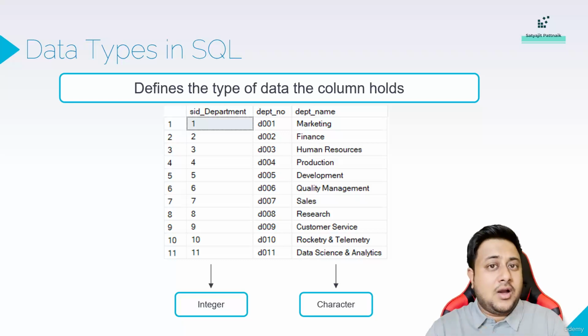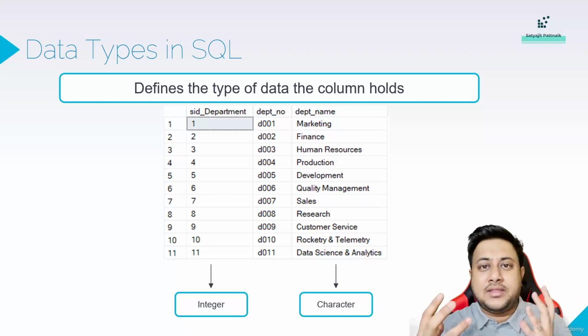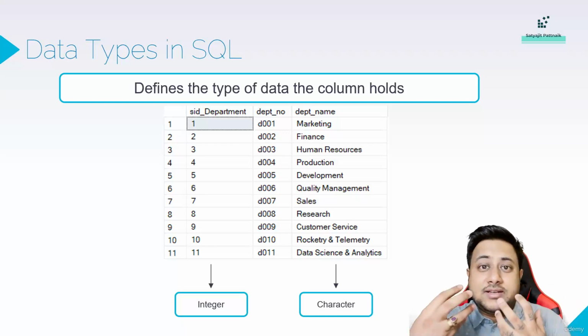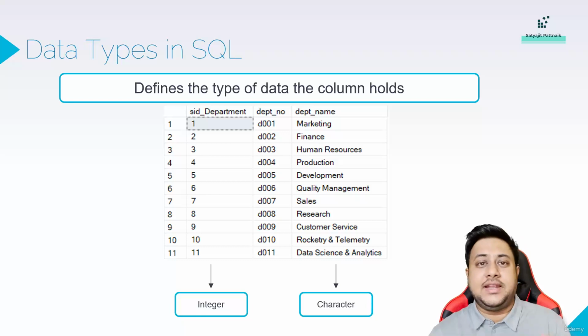If you are already familiar with Python, you might already know about data types. What are the data types in Python? We have integer, float, boolean, string. All these are the types of data, or data types. Data type, as simple as that, it's an English word. The name and the meaning are quite simple. The type of data is basically data type.